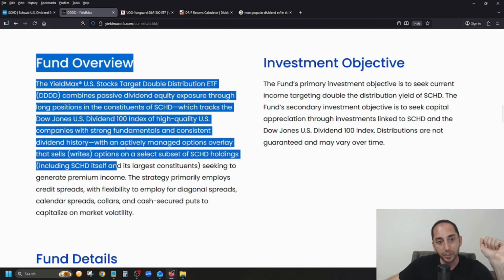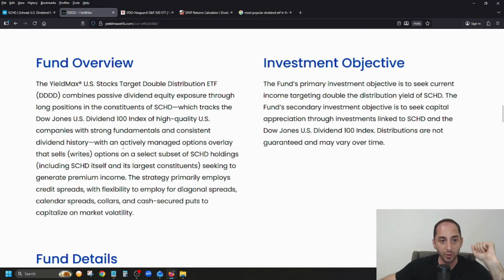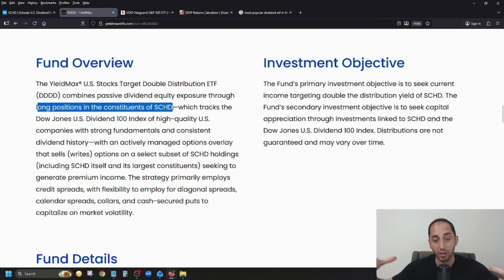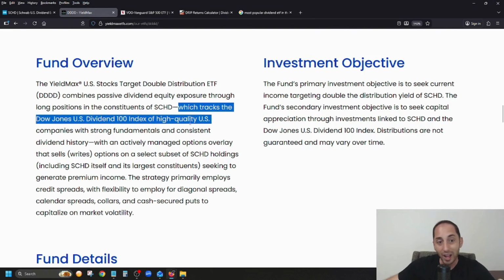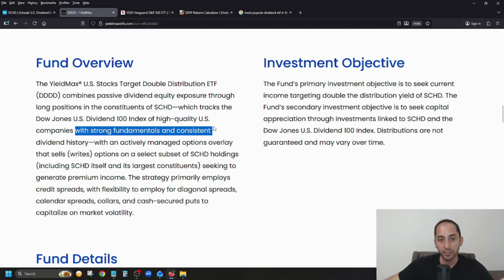Right here in the fund overview, we have a description of how it works. The YieldMax US Stocks Target Double Distribution ETF, or DDDD, combines a passive dividend equity exposure through long positions in the constituents of SCHD, or the stocks inside SCHD, which tracks that index, right? High quality US companies with strong fundamentals and a consistent dividend history.